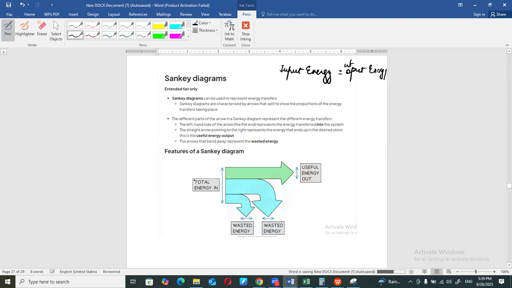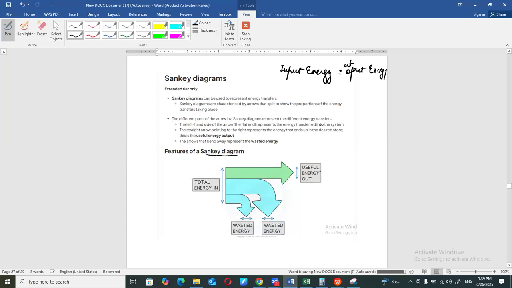You can see here that whatever energy is being input can go to the useful output energy, and also some of the energy will be wasted. So basically, a Sankey diagram gives you an idea of how the input energy will be distributed. It is distributed into useful energy output, and it is also distributed as wasted energy.